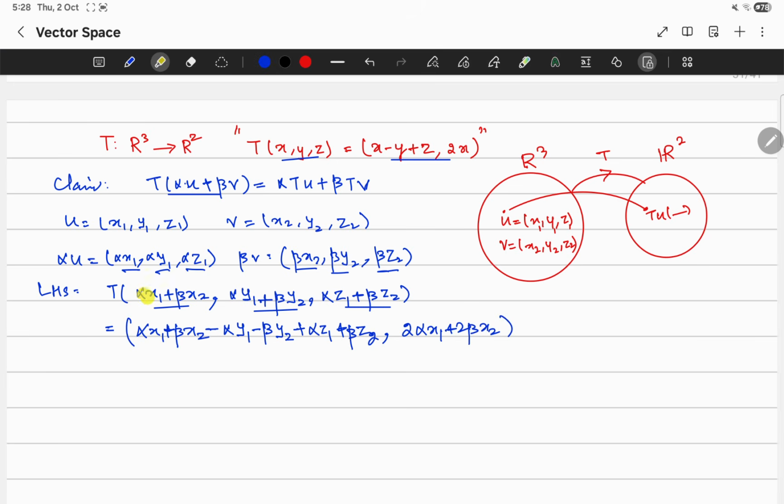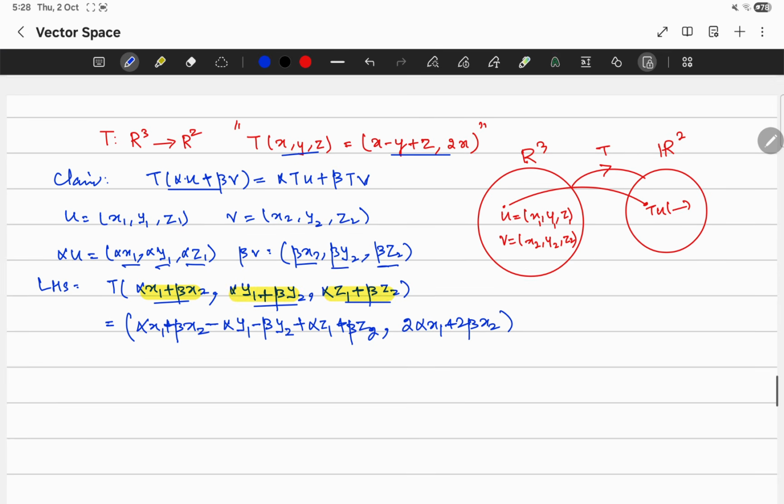So here what will you get? You will get alpha (x1 minus y1 plus z1) plus beta (x2 minus y2 plus z2), comma 2 alpha x1 plus 2 beta x2. Okay, so this is your LHS.